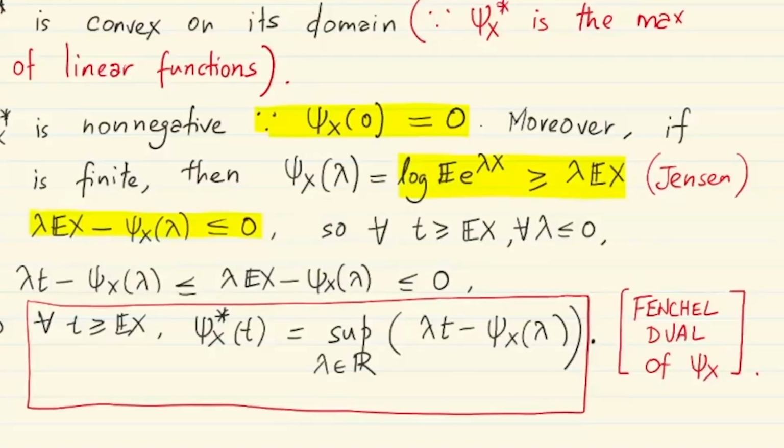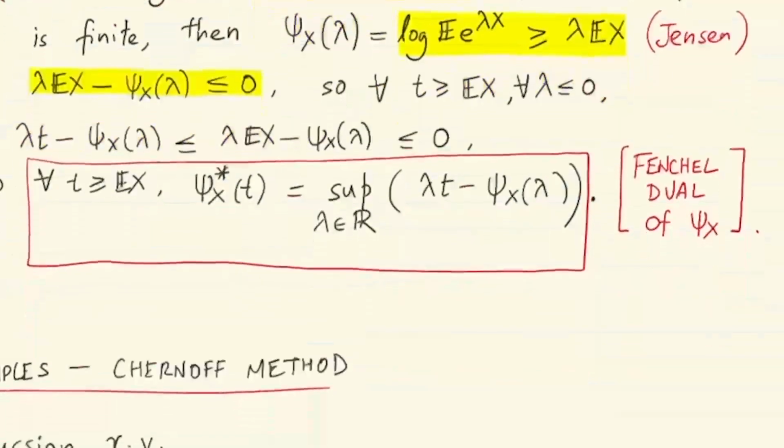So the upshot of this is that for any t larger than the mean, the Kramer transform of the random variable at t can as well be written as the supremum of the same objective function over all lambda, rather than only lambda greater than or equal to 0. So this is nice to remember.